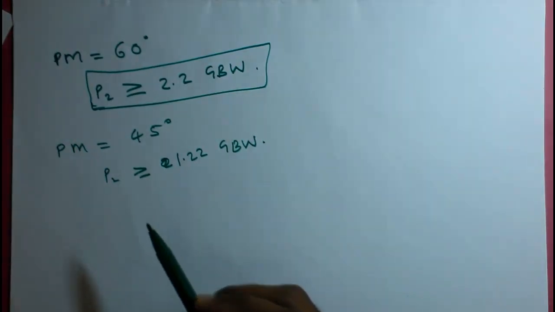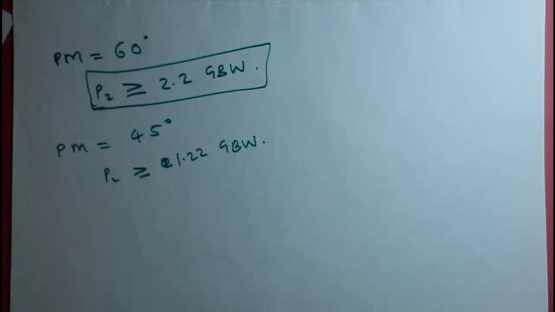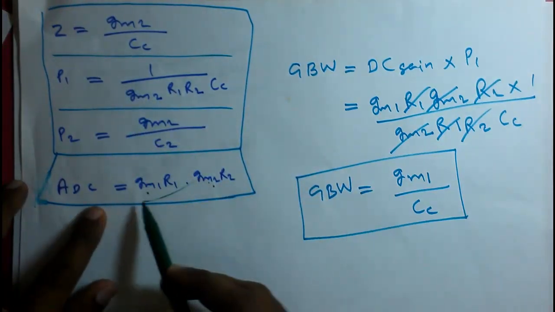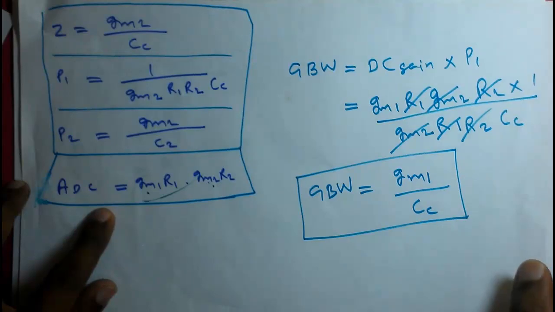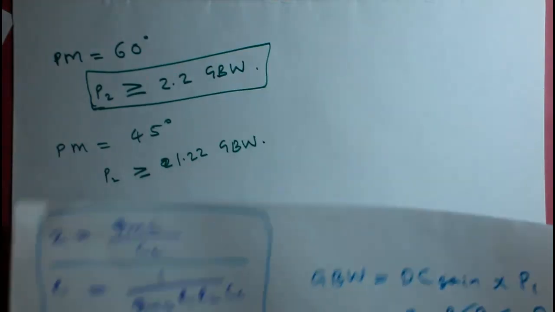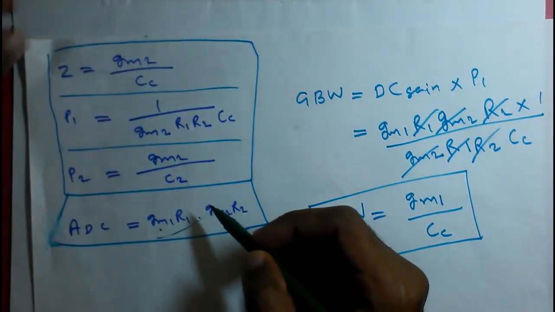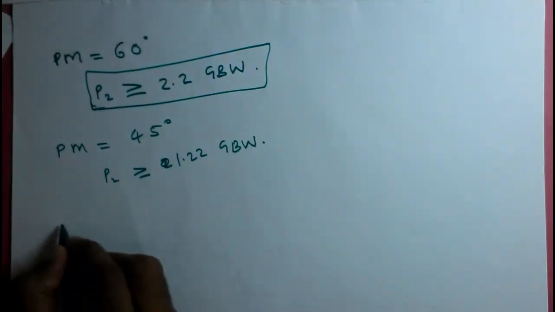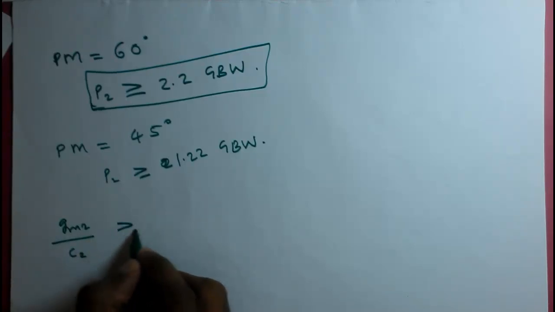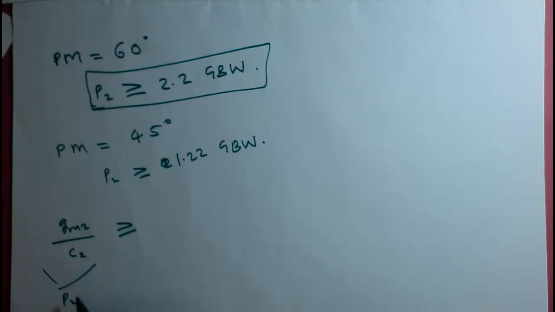And now we are going to the design point of view, like how it will look in the circuit. We have all these equations for zero, P1, P2, gain bandwidth, and the DC gain already derived, so we will just substitute them. P2 we have as GM2 by C2. So GM2 by C2 should be greater than or equal to 2.2 times gain bandwidth, which is GM1 by CC.